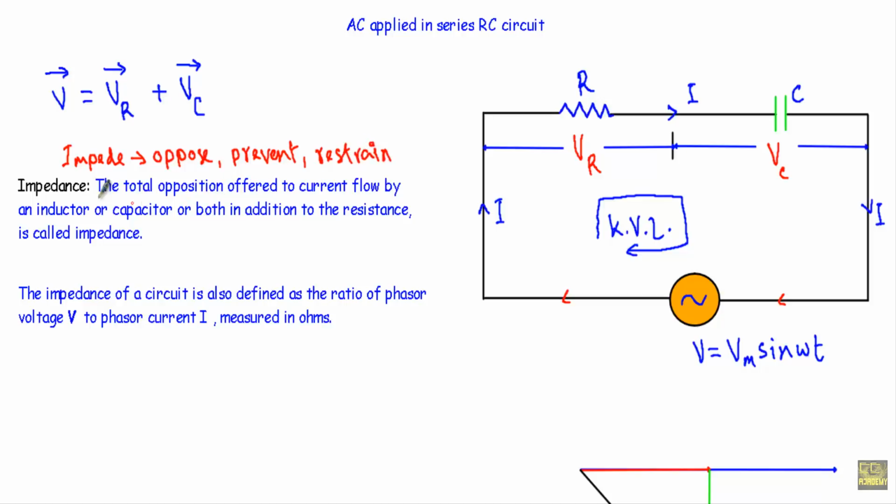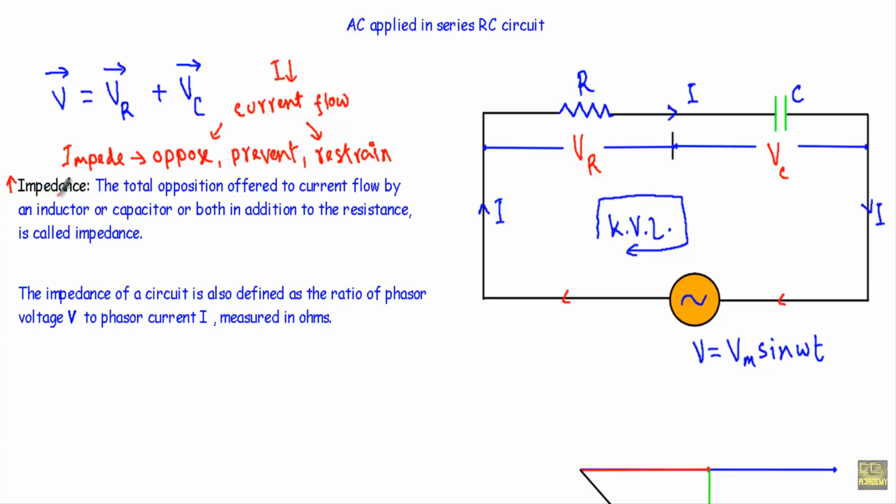So in a circuit, impedance will oppose or restrain the current flow, or it will prevent the current flowing in a circuit. As a result, if we increase the value of impedance, our current flow will decrease because we provide more opposition to current flow, therefore the amount of current in that circuit will decrease.